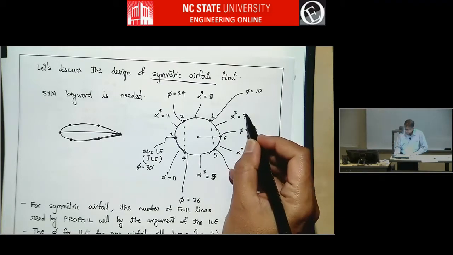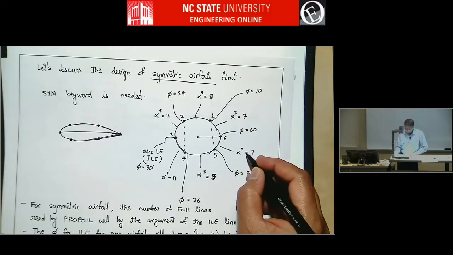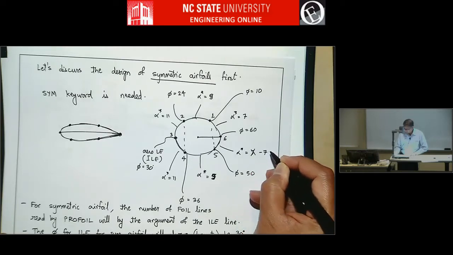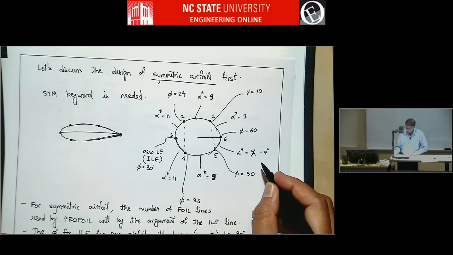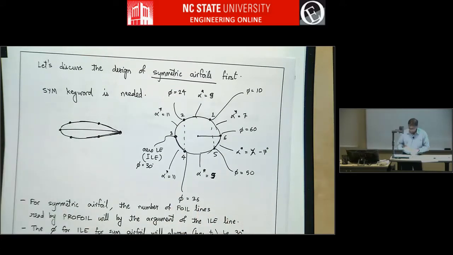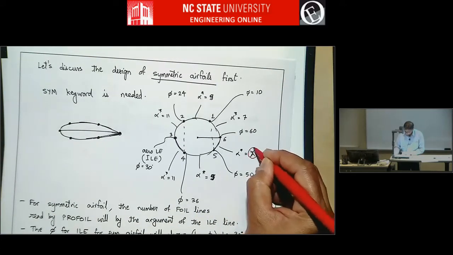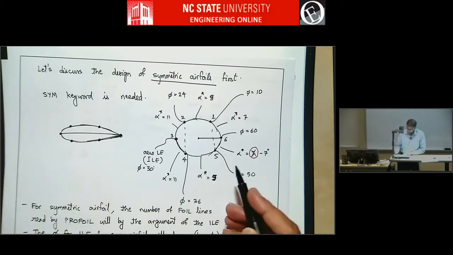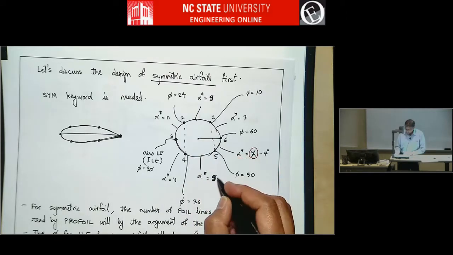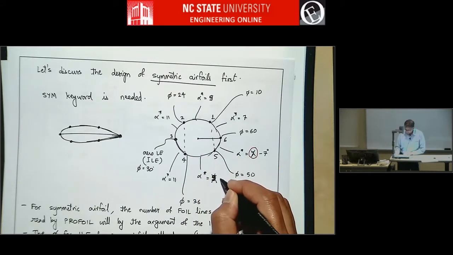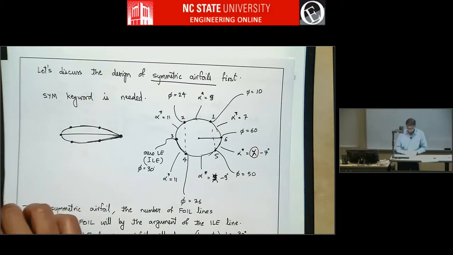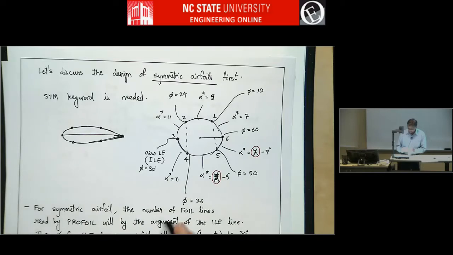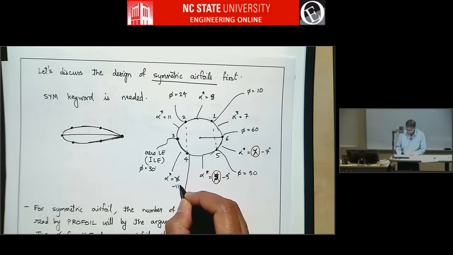So if this is alpha star of 7, this will be alpha star of not 7, it will be minus 7. Okay, so I have to somehow mark this as a correction. Like that, this segment is alpha star of 9, and this will not be 9, it will be minus 9. And similarly, this segment will not be 11, it will be minus 11.